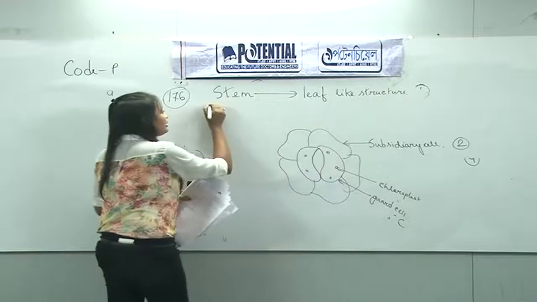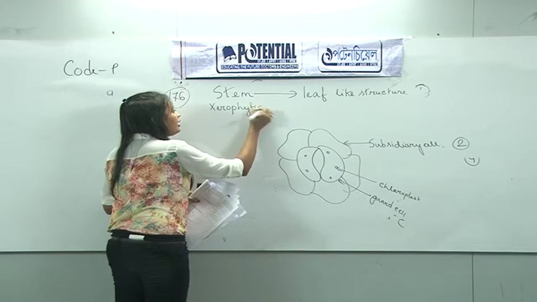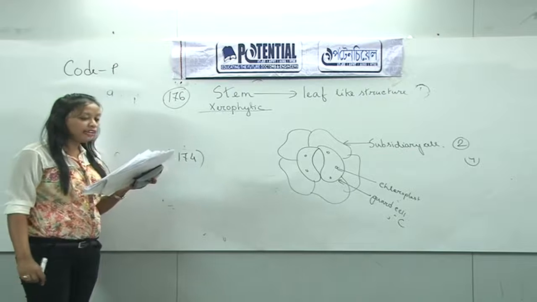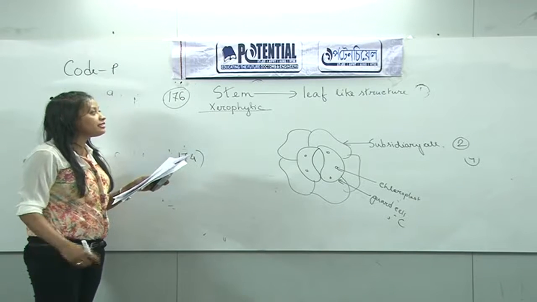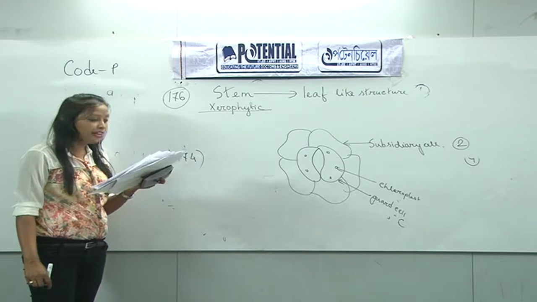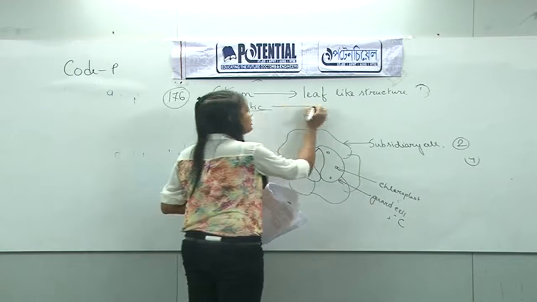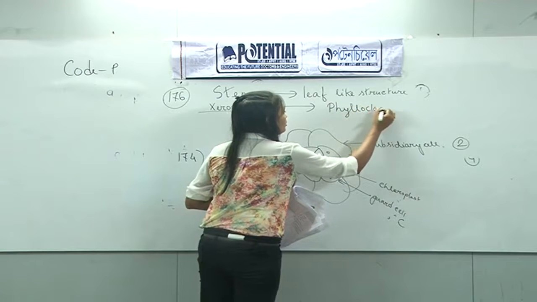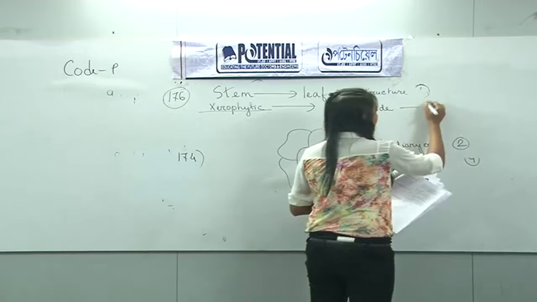So we know that in xerophytic plants, the plants which grow in dry areas, leaves normally fall off early or are modified to spines. So at that time, the stem normally becomes expanded, leaf-like, and carries out photosynthesis. And for that particular stem, a name is given, and that is phylloclade. So the correct answer is 3.